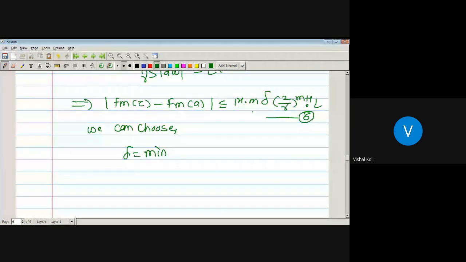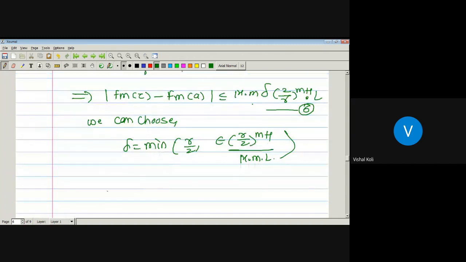So here there are two possibilities for delta. That is, it is nothing but minimum of R by 2 comma epsilon into R by 2 to the power M plus 1 divided by capital M into small m into m. Okay, so here we have taken delta as a minimum of these two, that is either R by 2 or epsilon into R by 2 to the power M plus 1 divided by capital M into small m into m.